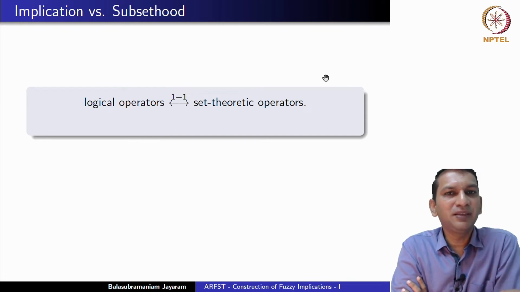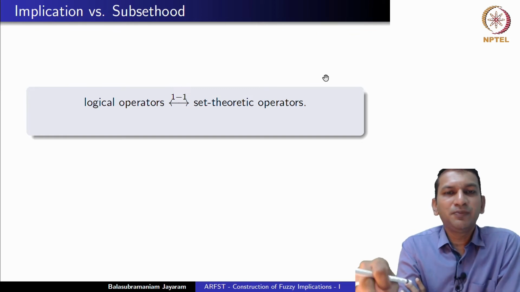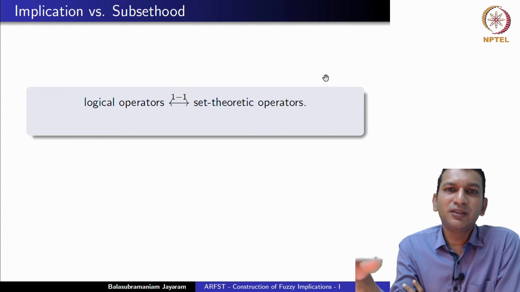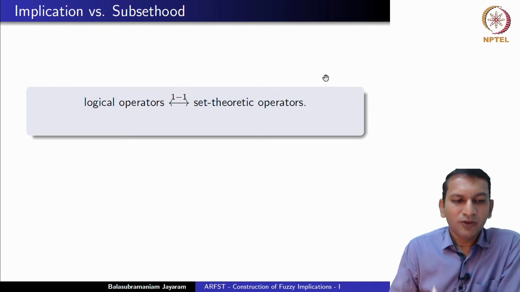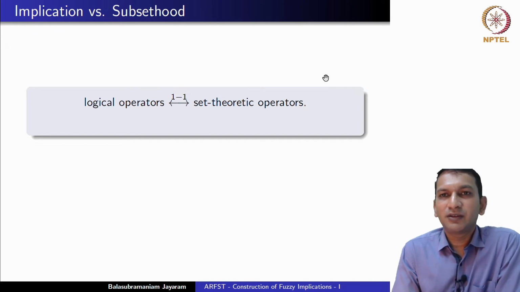For example, the meet in the Boolean algebra is in fact related to the intersection in terms of the corresponding subsets of the power set of the universal set X. So we can always relate a classical logic operator to another equivalent set theoretic operator.